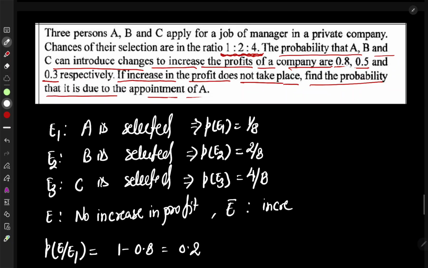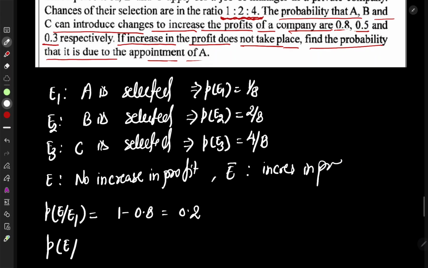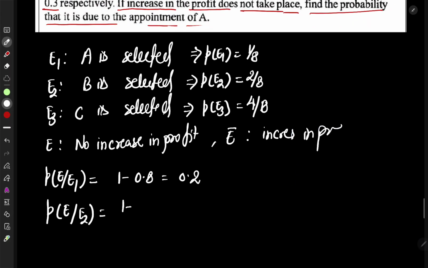So the probability of E, already due to E1, you will be getting 1 minus 0.8. And E due to E2, already E2 occurred, it will be 1 minus 0.5, that is 0.5 only.